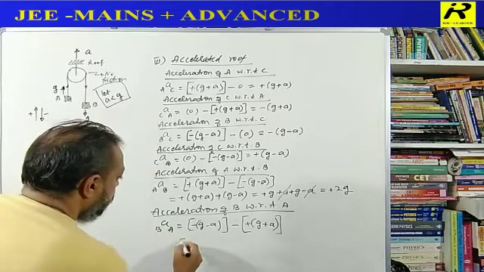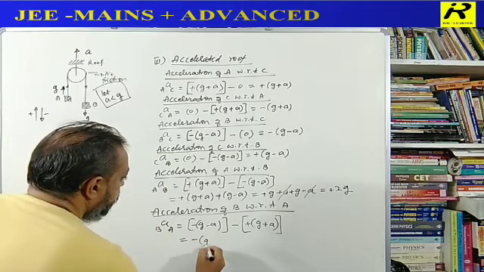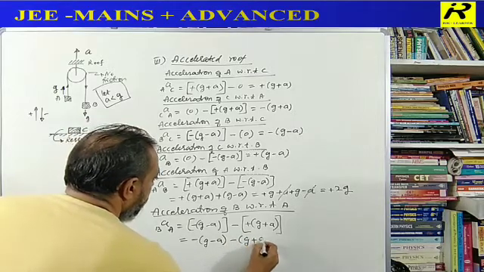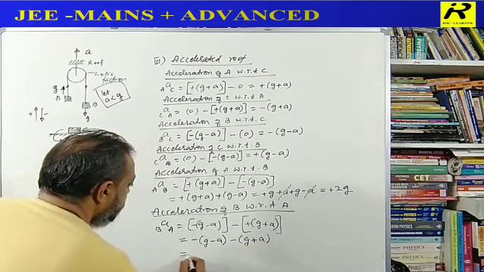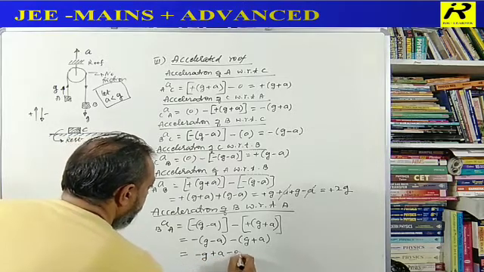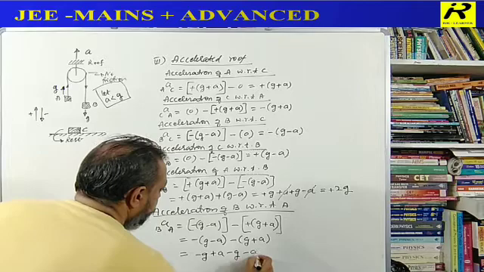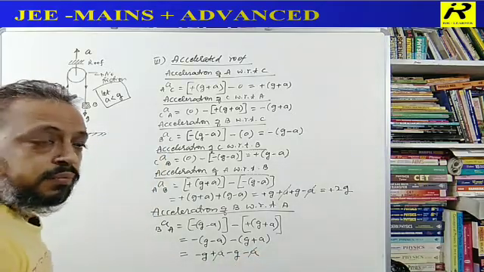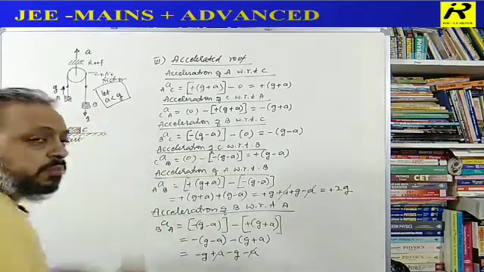So I need to solve this again: minus g minus a minus g minus a, which is minus g plus a minus g minus a. One more time, the term a gets cancelled, once again because of the same rule.